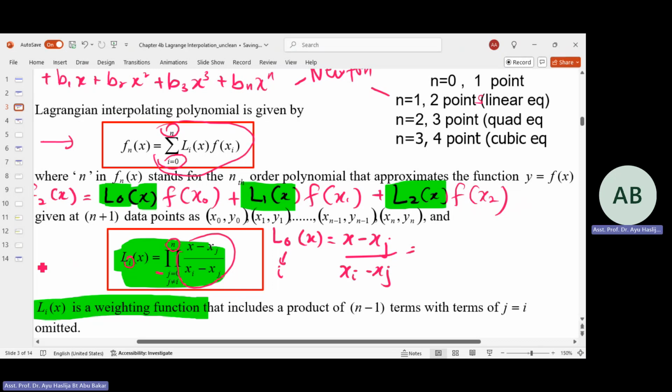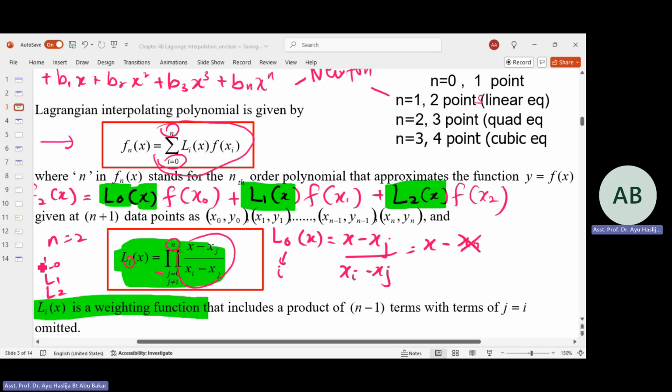So for L0, j must start from 0, but j cannot be i. Our n just now is equal to 2, so you should have L0, L1, L2. For L0, x minus xj, j must start from 0, but j cannot be i. So here, this one cannot be x0.